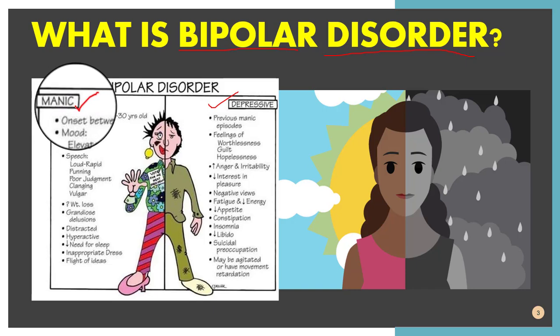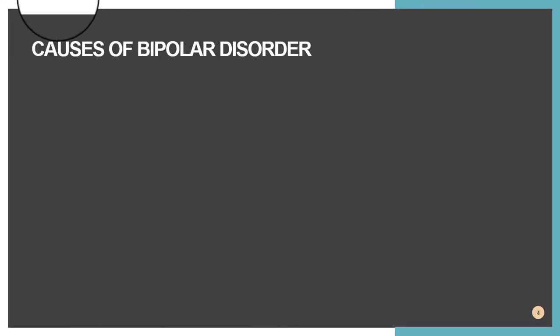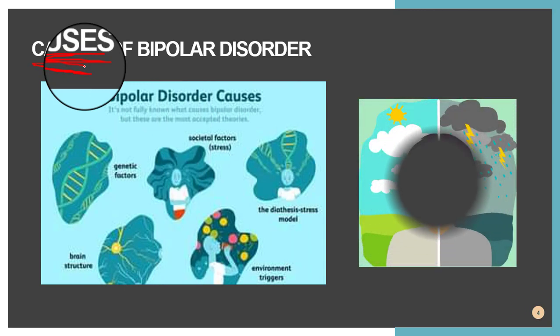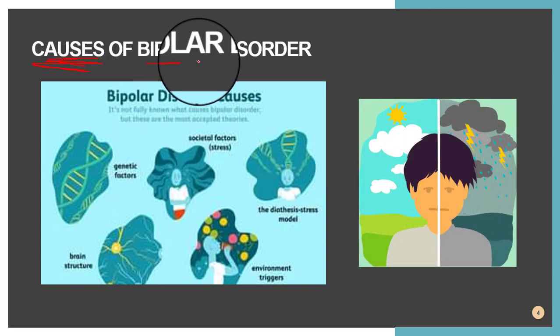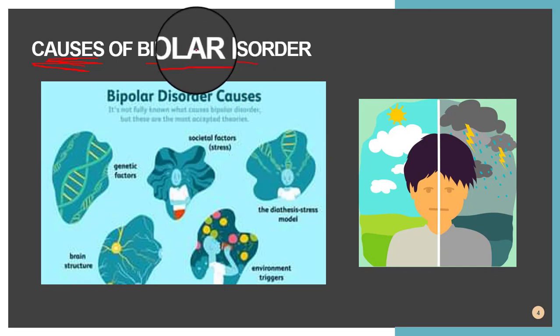Next, what are the causes, or you can say what are the etiologies that lead to bipolar disorder? So let's talk about the causes now. As I have already said, bipolar disorder is a common mental health disorder.